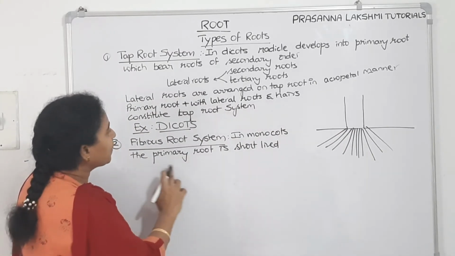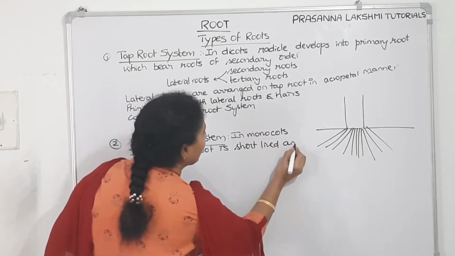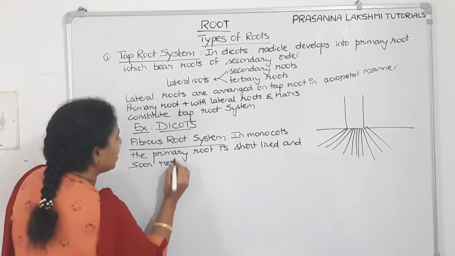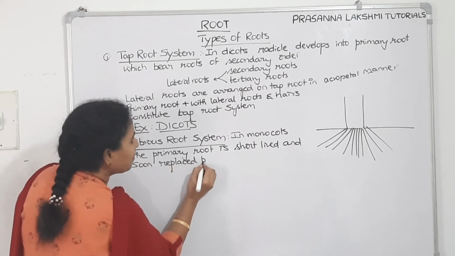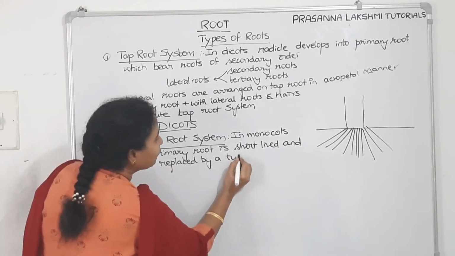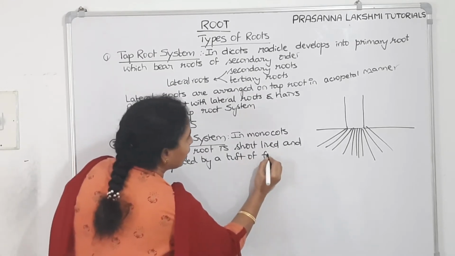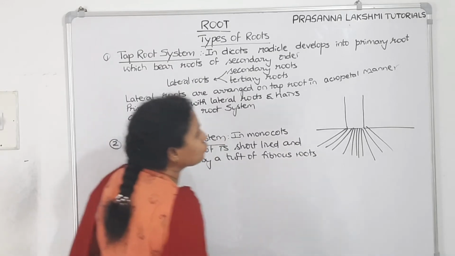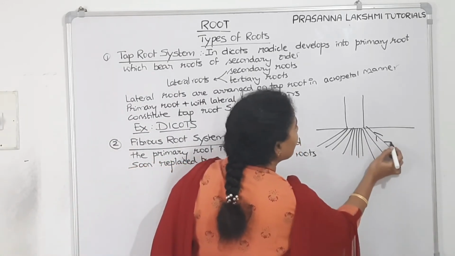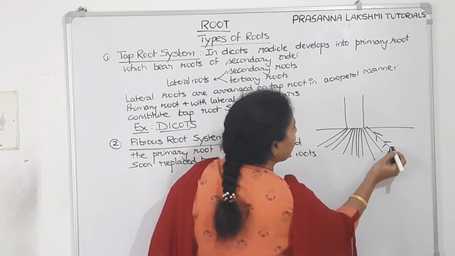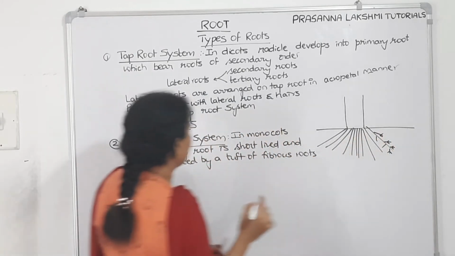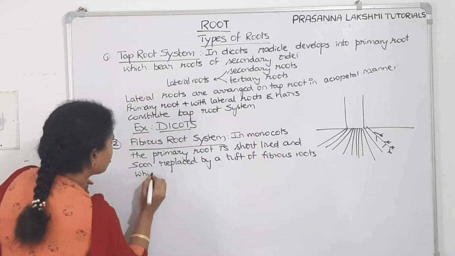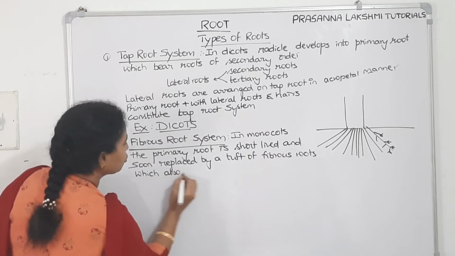In monocots, the primary root is short-lived and soon replaced by a tuft of fibrous roots. These fibrous roots also will have lateral roots and root hairs.